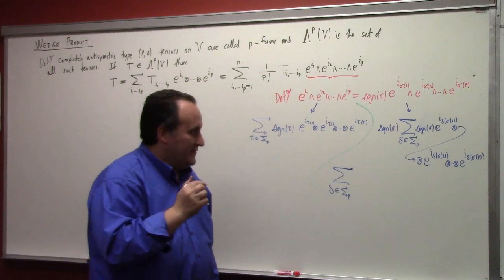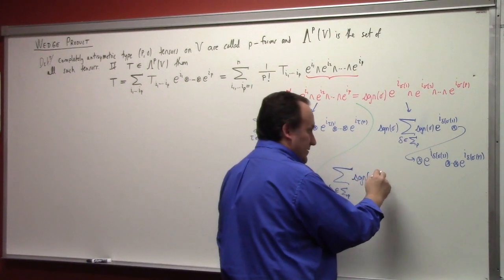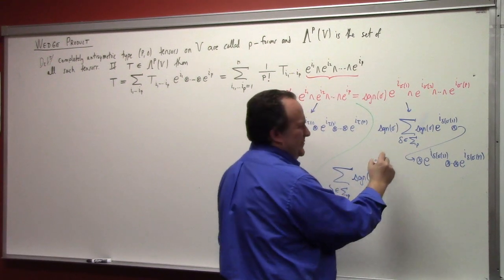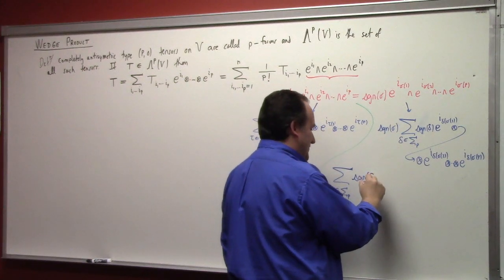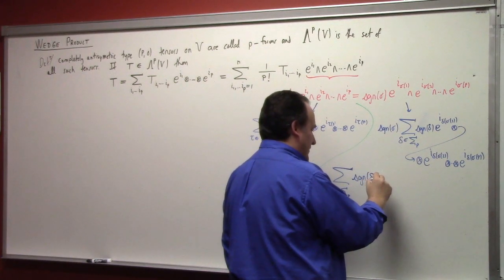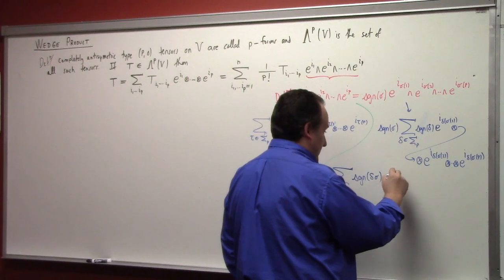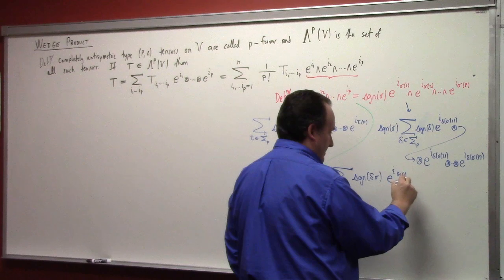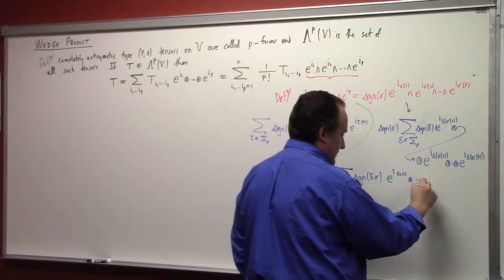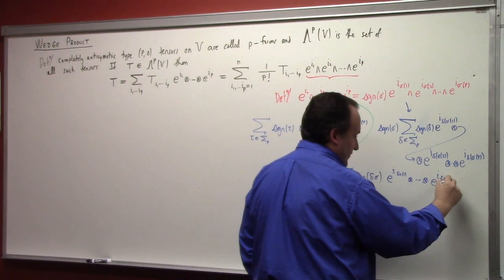So this is actually the same as the sign of delta composed with sigma, or we'll just write delta sigma. And then I've got e_{i delta sigma(1)} tensor tensor e_{i delta composed with sigma(p)}.